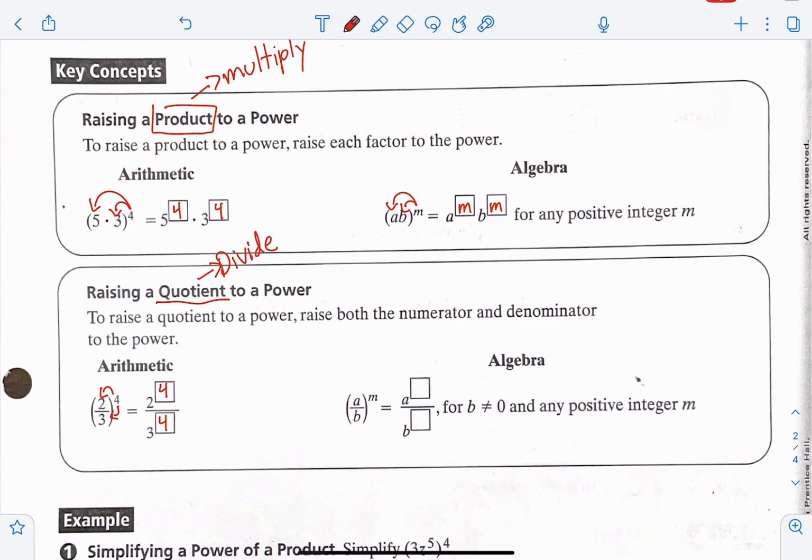A over b, all to the power of m, is the same as a to the m over b to the m, since m applies to the top and bottom. So when you are doing this, you're going to be applying that exponent to both of the products if they're being multiplied, or to both of the quotients if it's in a fraction form.